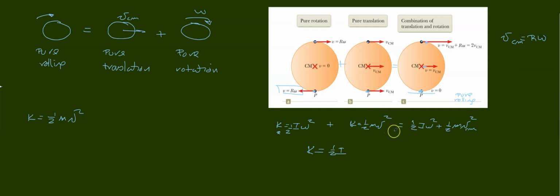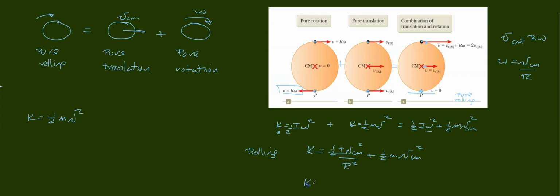So here, instead of omega, I'm going to write velocity of the center of mass over R. So instead of omega squared, I'm going to put velocity of the center of mass squared over R squared, and then plus 1/2 of the mass times the velocity of the center of mass squared.